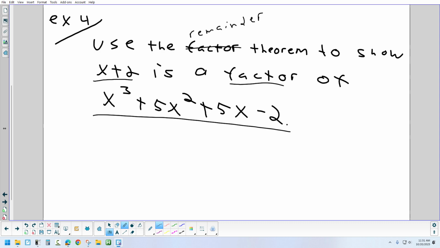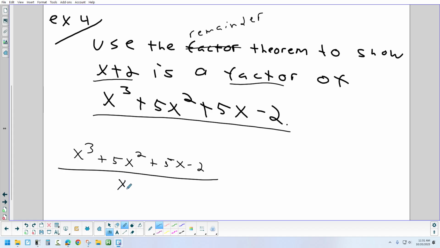What number would I be plugging in for x? And if you're not sure, think of how you could rewrite x plus 2. Right, think of it as x minus -2. So we're going to plug -2 in for x in the top, and that's going to tell us what the remainder is.